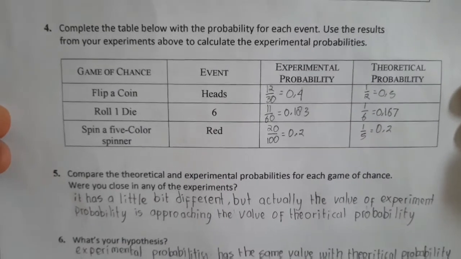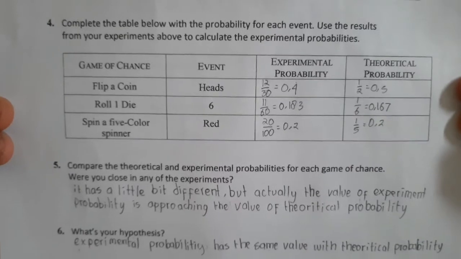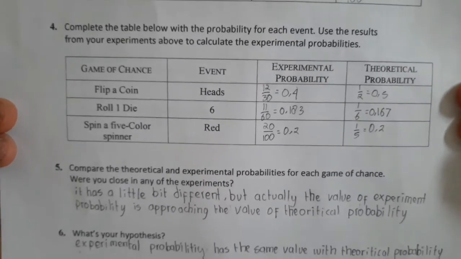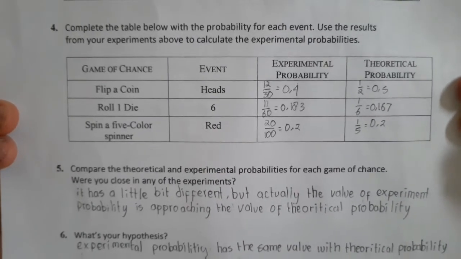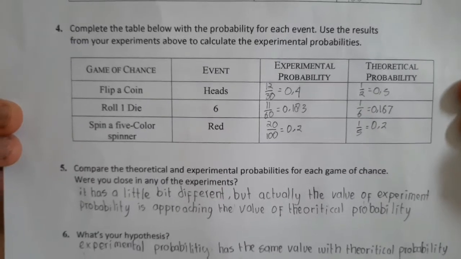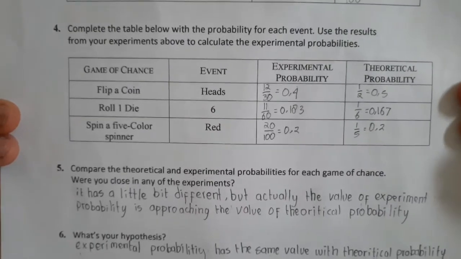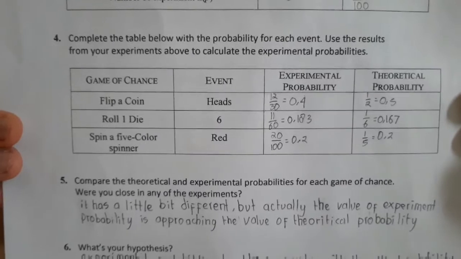Sandy, I have a question for you. See that the experimental probability in flipping a coin and rolling one die is different from the theoretical probability. But why does the red color in spinning a 5-color spinner have the same value in experimental probability and theoretical probability?